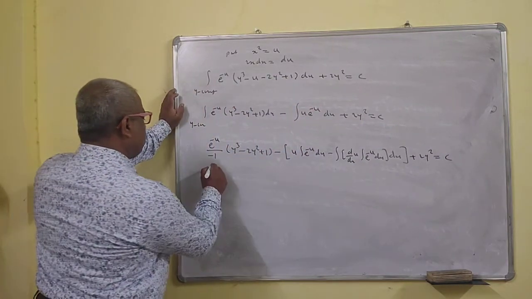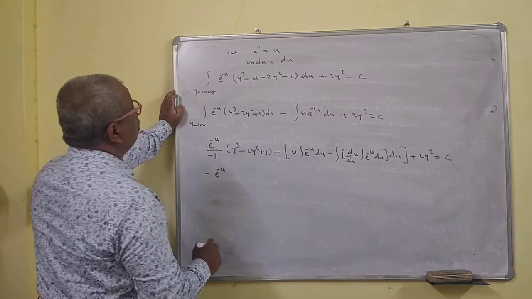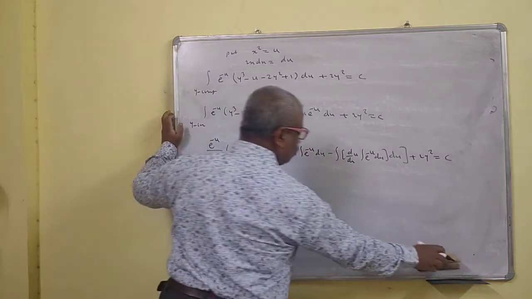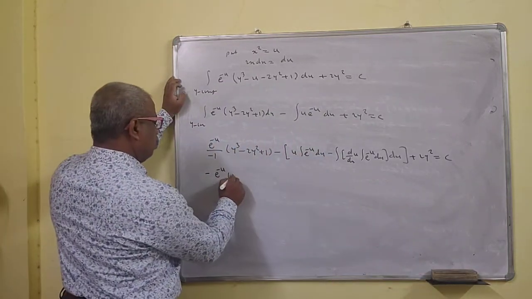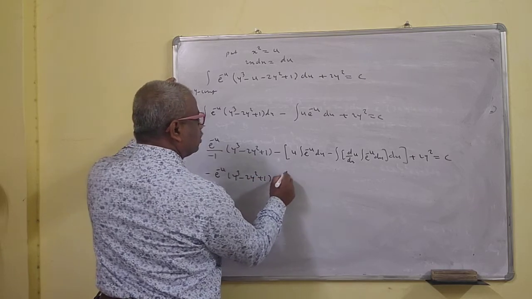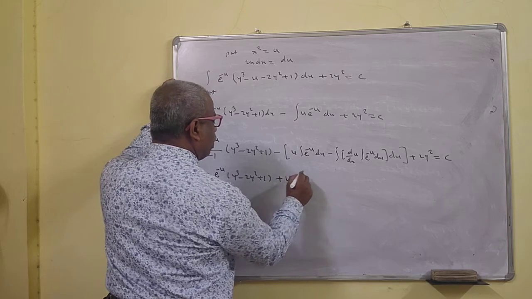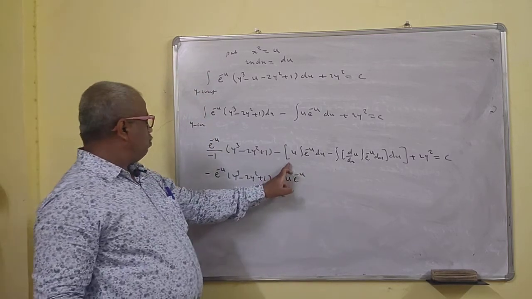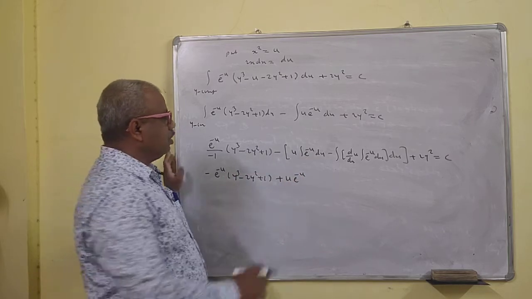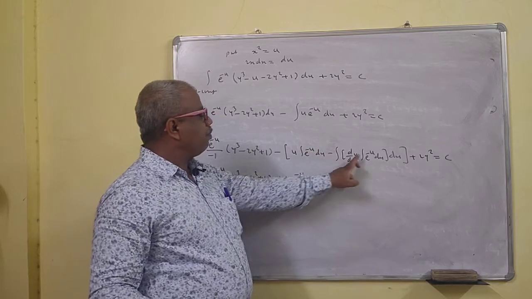Okay, now this is minus e raised to minus u, y cube minus twice y square plus 1, minus, I will integrate this, so minus becomes plus now, plus u e raised to minus u, because e raised to minus u upon minus 1 becomes plus.